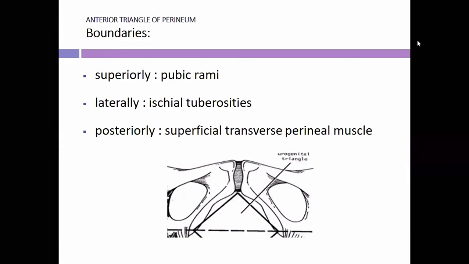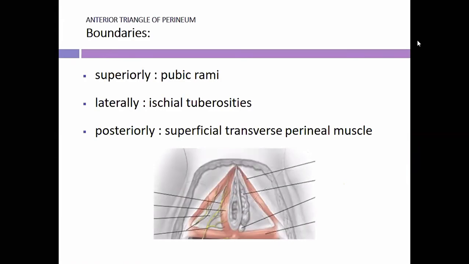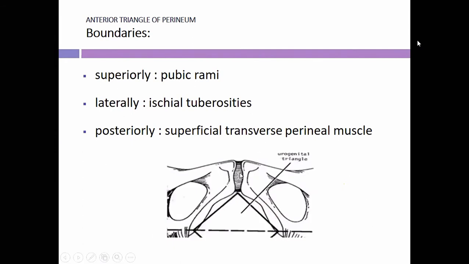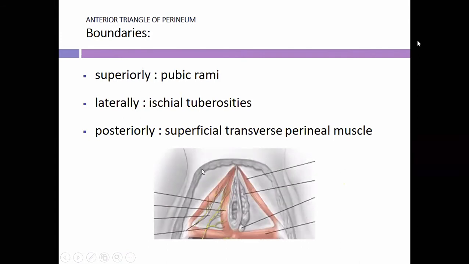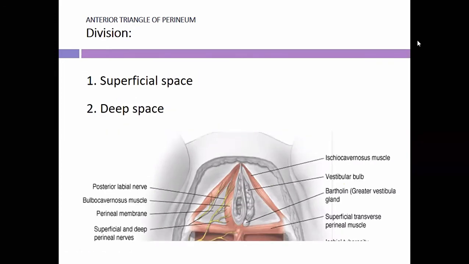Now we go to the anterior triangle. The boundaries again: anteriorly and superiorly are the rami of the pubis, laterally the ischial tuberosities, and posteriorly a muscle crosses there. This is the superficial transverse perineal muscle which forms the posterior boundary of the anterior triangle.